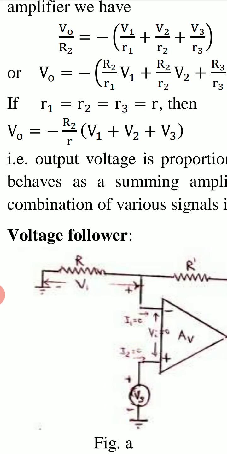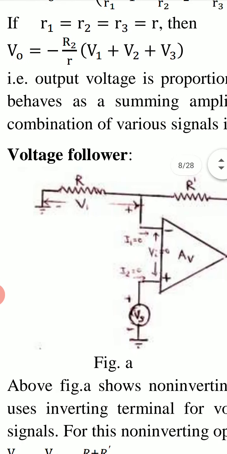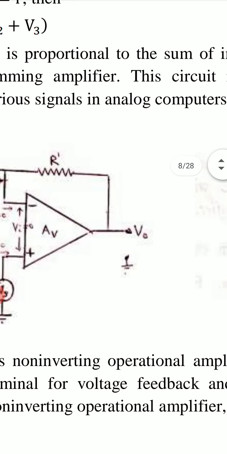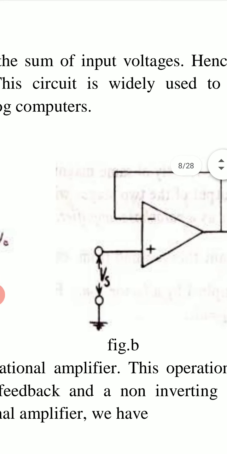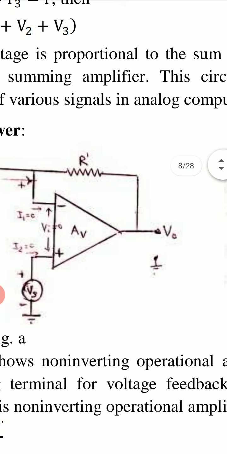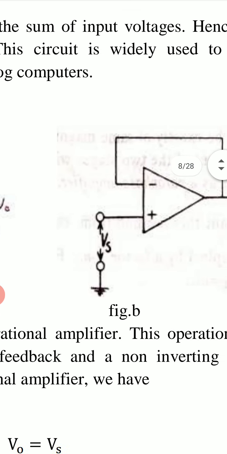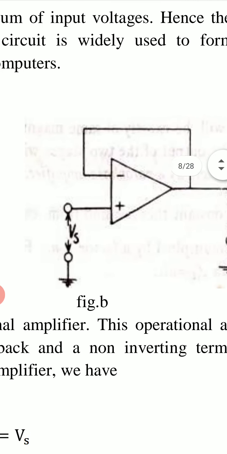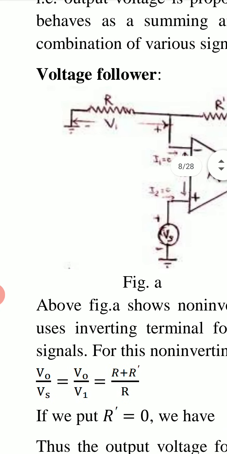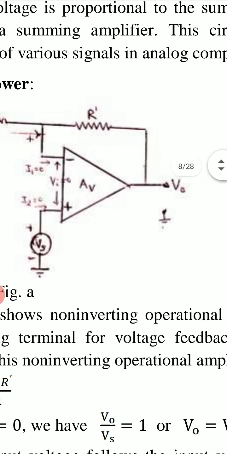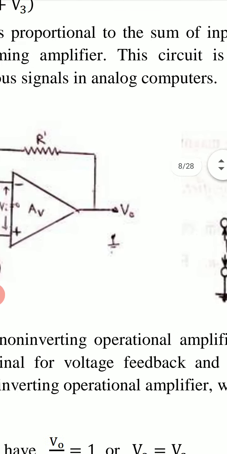So for this application it is required that the three input resistances R1, R2, R3 must be the same. So here output voltage is proportional to the sum of input voltages, hence the circuit behaves as a summing amplifier. This circuit is widely used to form linear combination of various signals in analog computers.